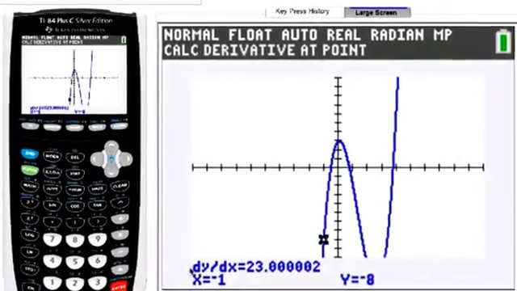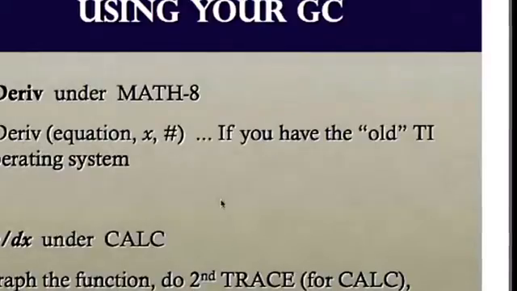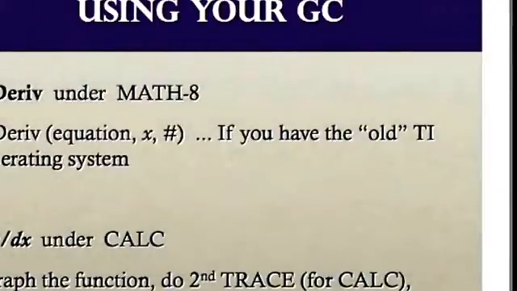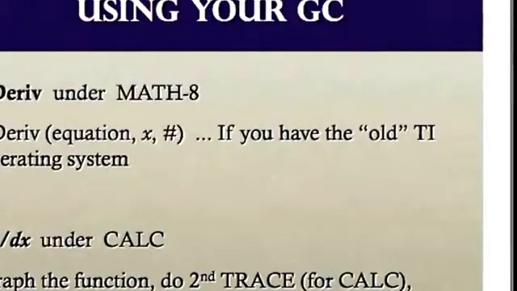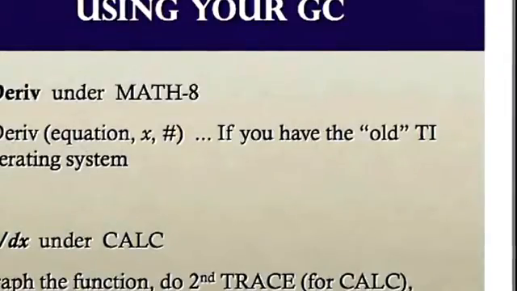Now, if you happen to have the older operating system, you'll notice under the first bullet here, when you do the Math 8, the nderive, you're going to be prompted with something that looks a little different than what you saw with our calculator example. You're going to have nderive, and then you'll be prompted with a parenthesis. You'll get the same answer in the end, you just need to enter it differently. The first thing that goes in the parentheses is your equation.